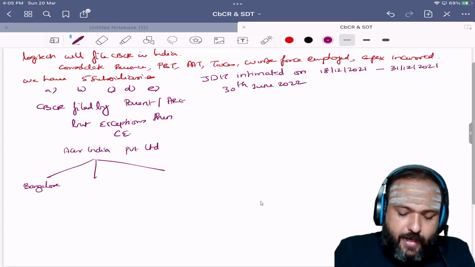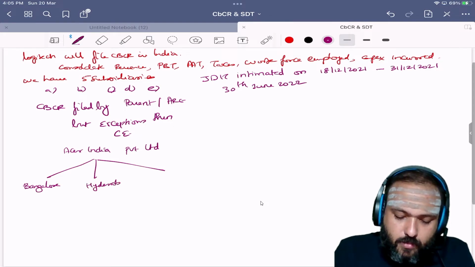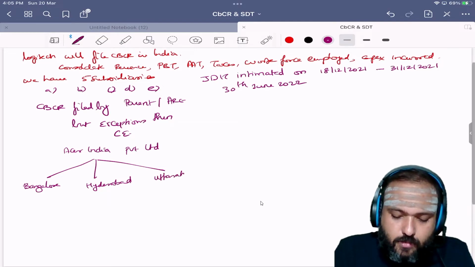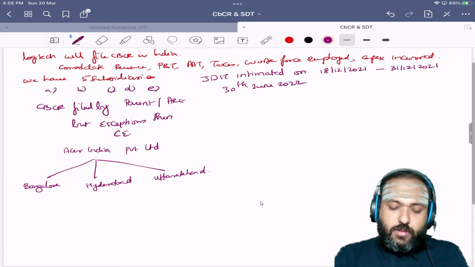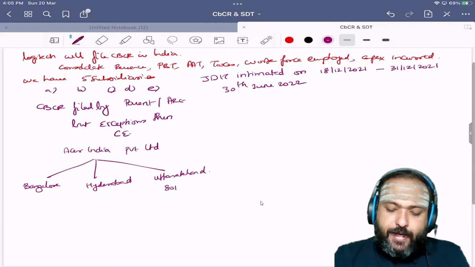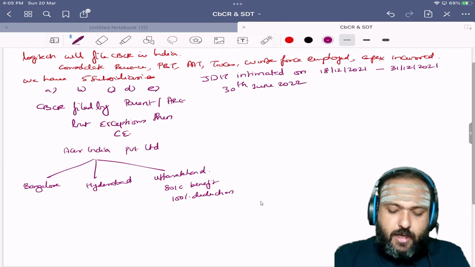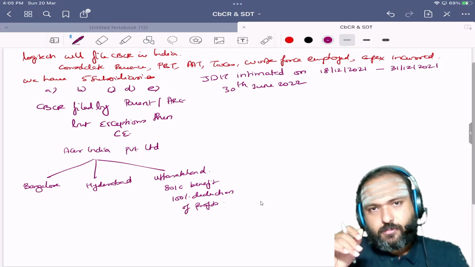One unit is located in Hyderabad. And another unit is located in Uttarakhand. Okay, this Uttarakhand unit is eligible for 80IC benefit. 80IC benefit, so they are eligible for 100% reduction of profits. Okay.